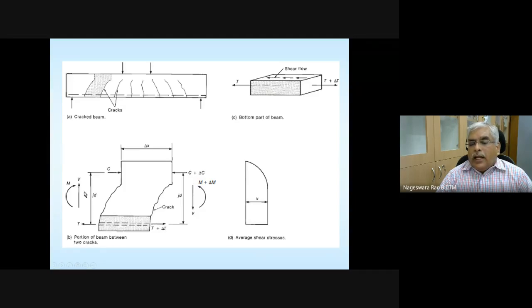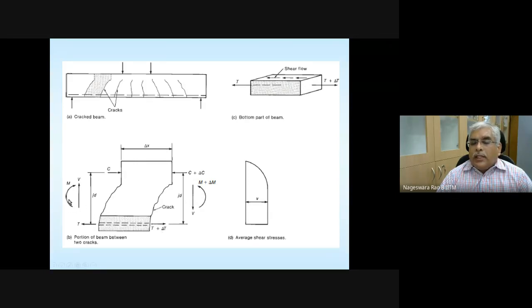And whatever you studied for reinforced beams on the tension side, the lever arm distance is shown. The lever arm distance is nothing but the distance from the centroid of the compression to the centroid of the tension. In addition, other internal forces are shown.